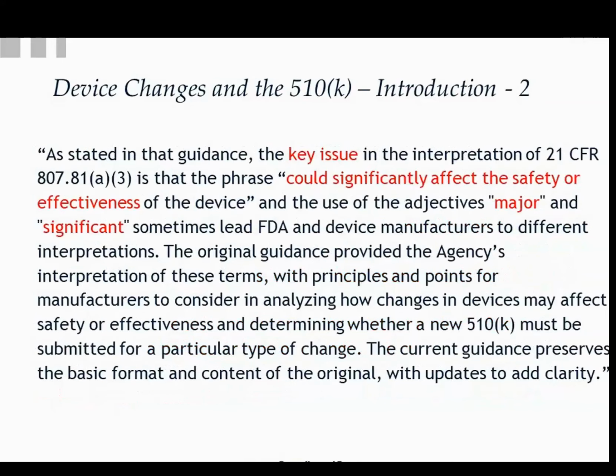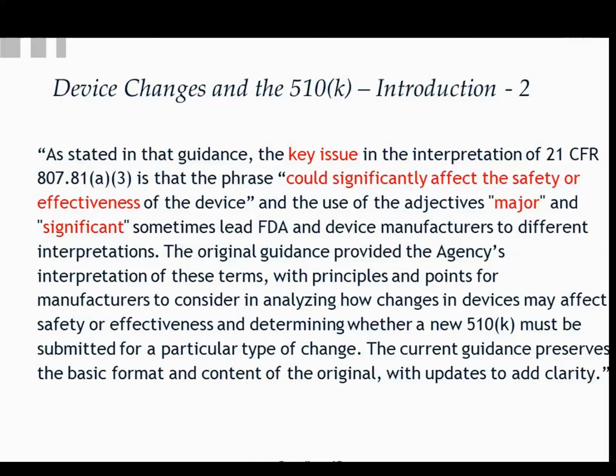The key issue, and this is stated by the FDA in their 21 CFR, which is the law, is the phrase could significantly affect the safety and effectiveness. So that isn't cut and dried. When you look at that, you have to really evaluate what this means in terms of my product and my intended use in the field.